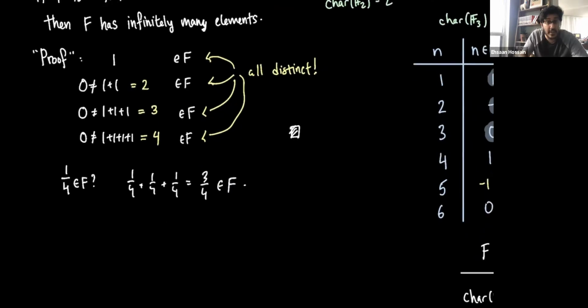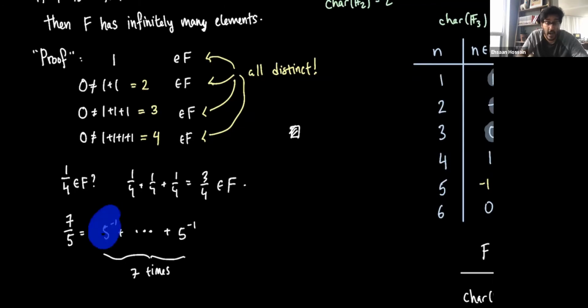I can get any fraction, actually, right? I can say, for example, 7 over 5. That's just 1 over 5 added by itself 7 times. And I know that 1 over 5 is 5 inverse. So if 5 is in F, then 5 inverse is in F, and I can add that 7 times to get 7 over 5.